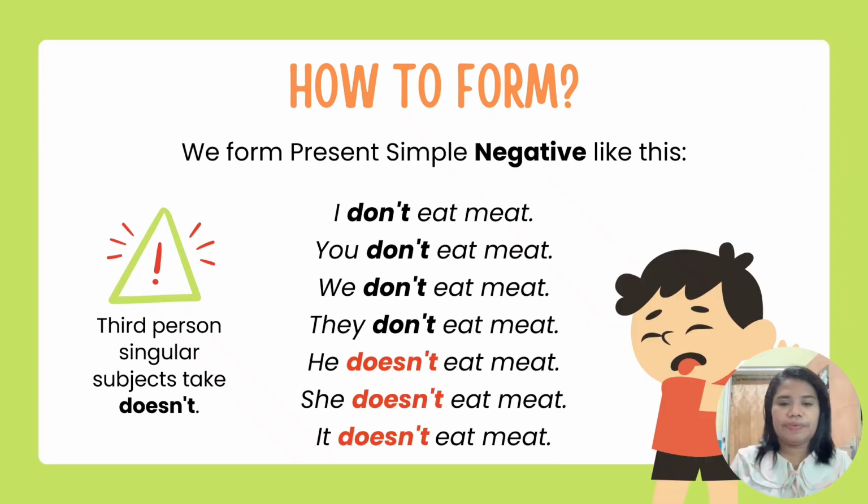We also construct negative sentences. For example, I don't eat meat. You don't eat meat. We don't eat meat. They don't eat meat. She doesn't eat meat. It doesn't eat meat. The third person singular subject takes doesn't, not don't.